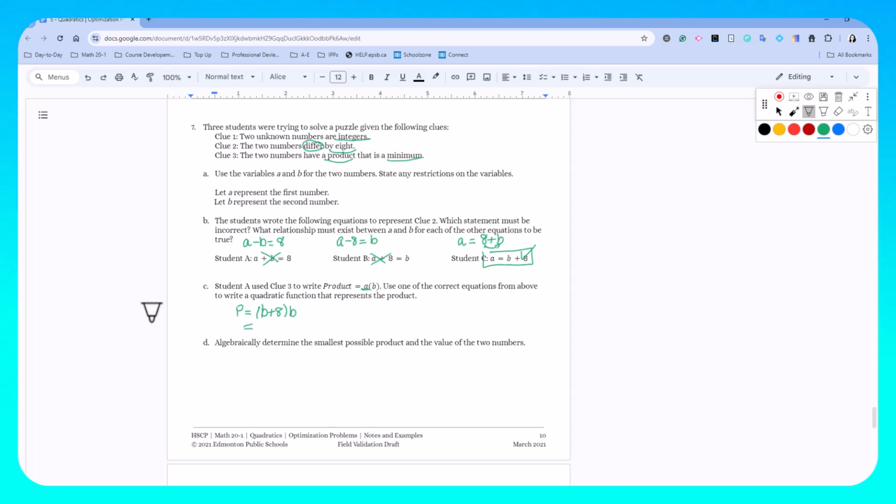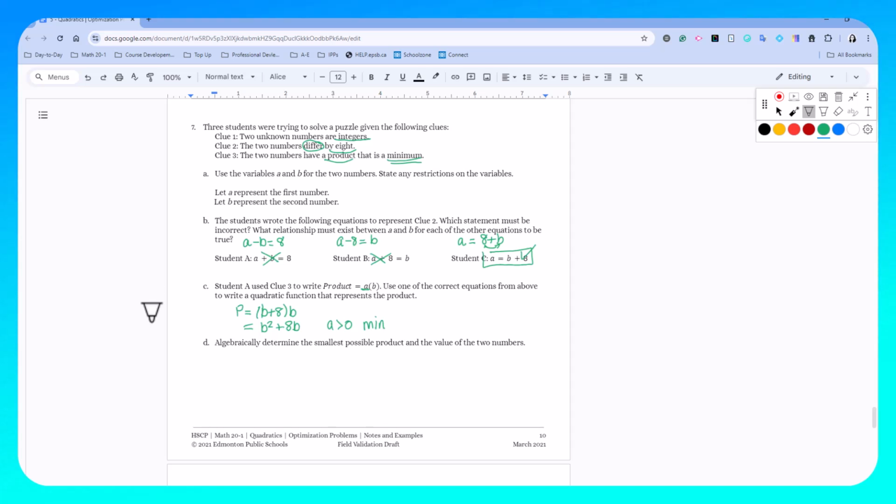Distributing this, not foiling, we get B squared plus 8B. Now here, a is greater than 0, which means we're definitely looking for a minimum, and that's what we wanted in the original question. Now, algebraically determine the smallest possible product and the values of the two numbers.